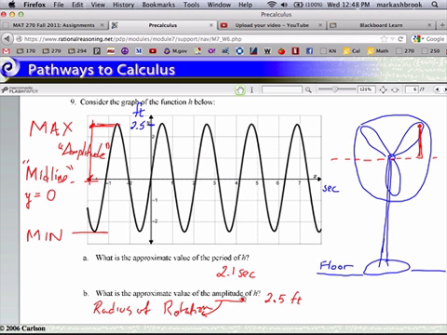These curves model other things as well that are not in a circle, but if you're modeling something that's going in a circle, that amplitude will be the radius of rotation.